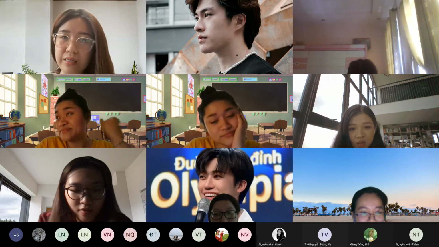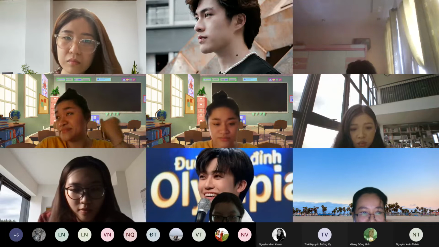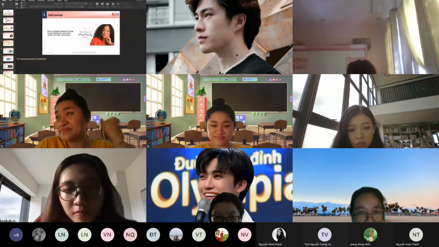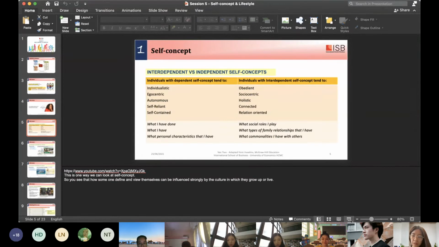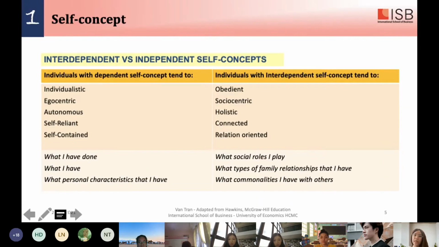So that is about self-concept. So in some of the different ways that we can look at self-concepts, the first one we discussed about how people see us and how we see ourselves, and then it can be what we see right now, currently, compared to the ideal expectations that we have for ourselves.